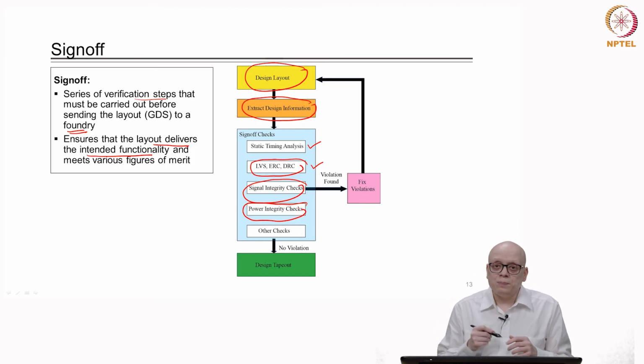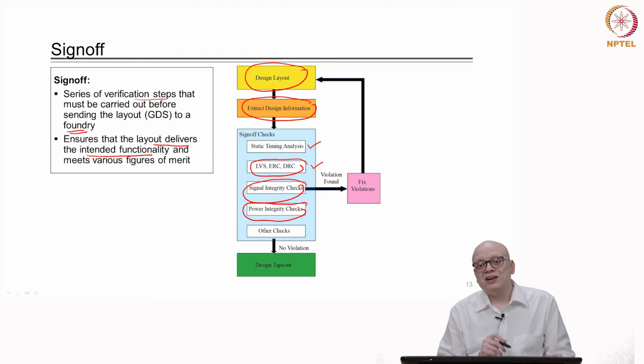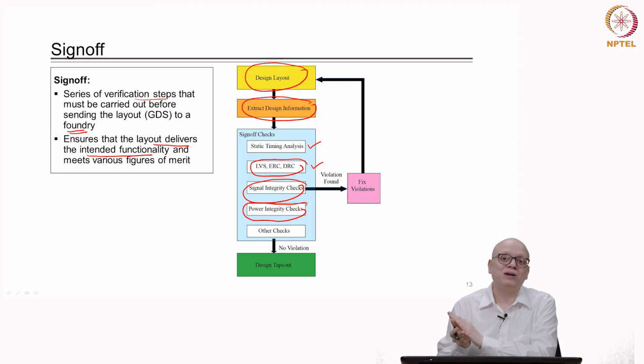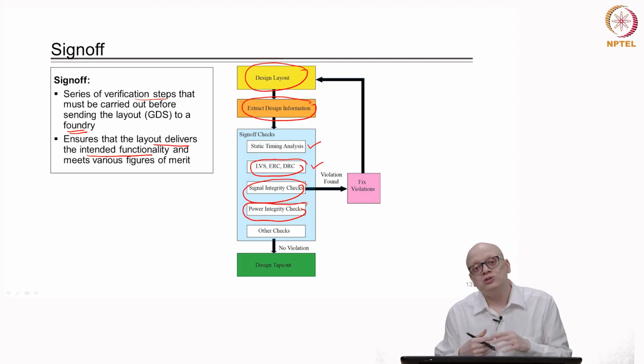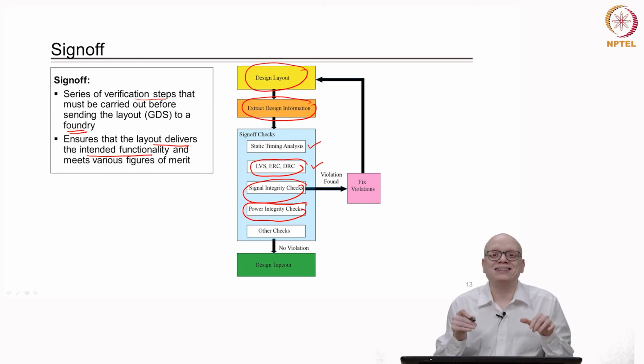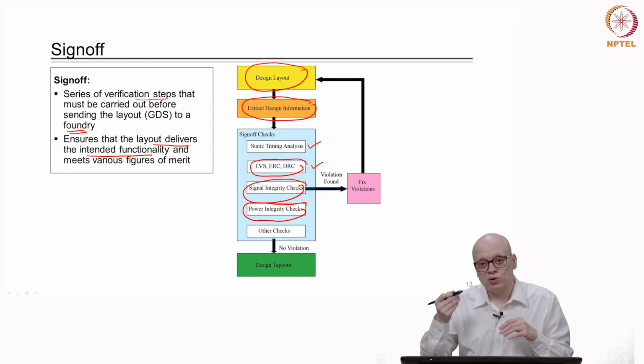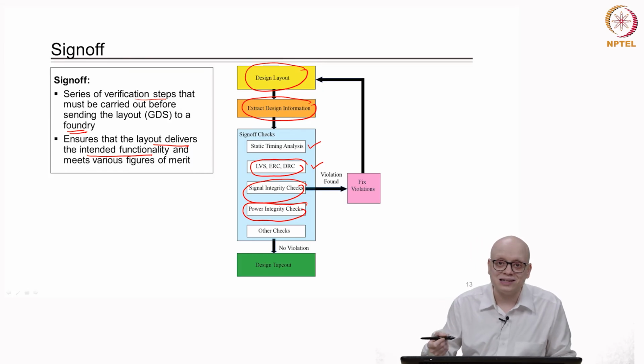Now, typically what is done is that these sign-off checks are done using a separate set of tools from what we use during the implementation phase, right. In the implementation phase we use tools whose major purpose is to implement our design. They also do some checking, for example, related to timing, DRC and other things.